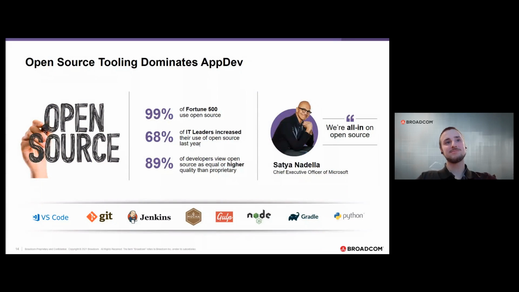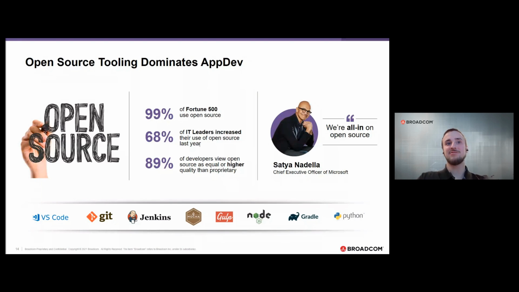So open source is everywhere, and it's dominating app development. In fact, according to Gartner, 95% of organizations leverage non-trivial open source software assets within their mission-critical IT workloads, whether they know that or not. And that stat is back in 2016. It's likely even higher now. 99% of Fortune 500 companies leverage open source. 68% of IT leaders increased their use of open source last year.